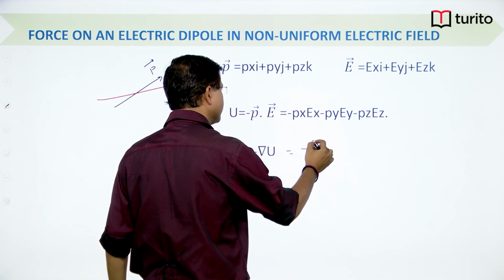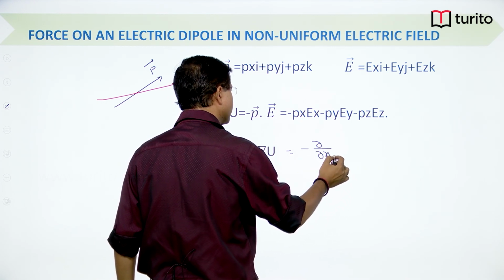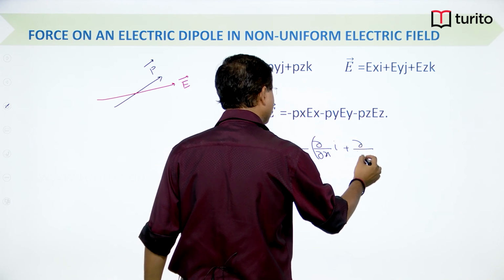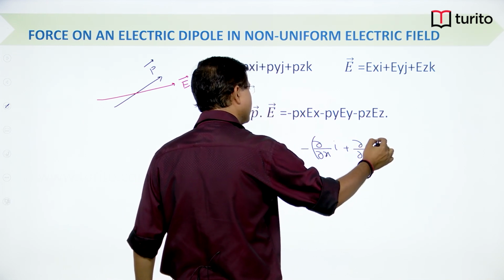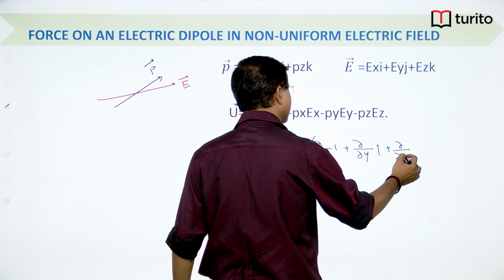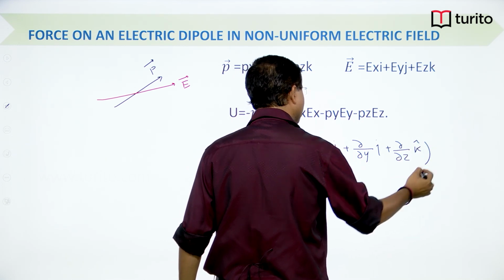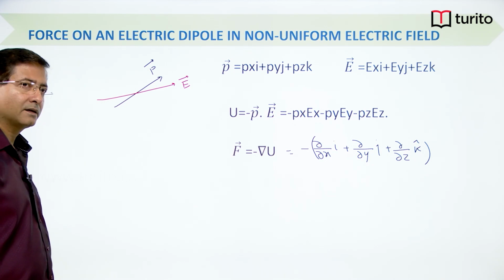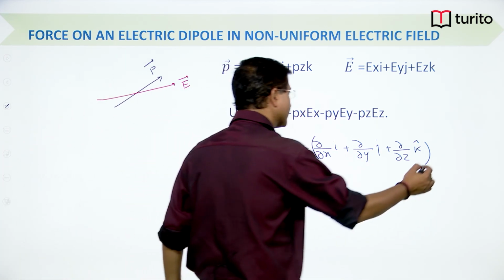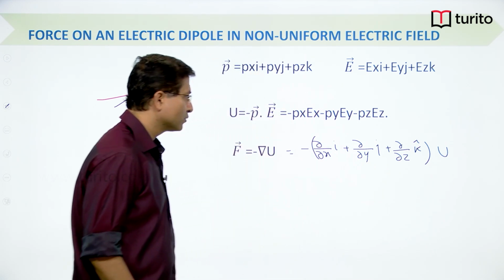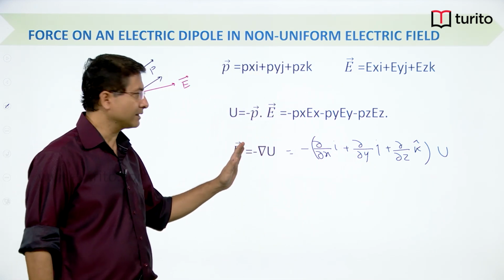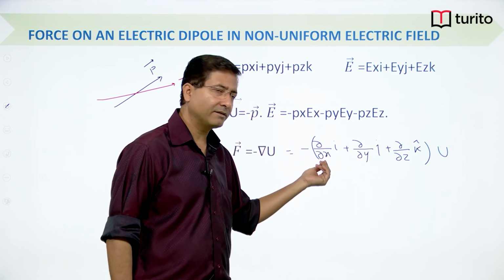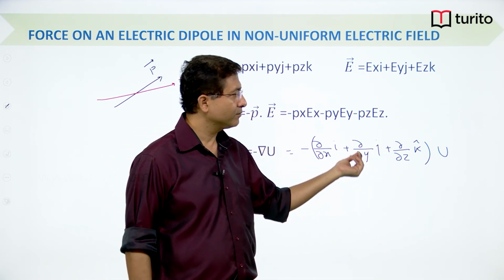So in a simplified way, it can be written like this. This is the del operator acting on U. You need not worry about what the del operator is; for the time being you can remember it this way: partial derivative with respect to x, i cap.